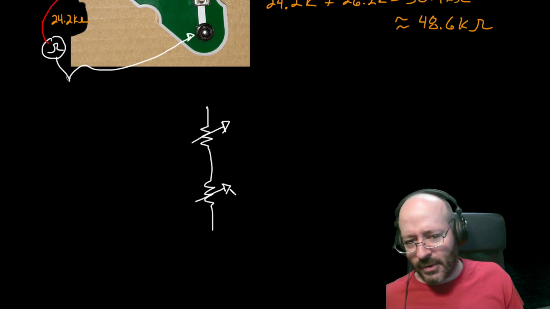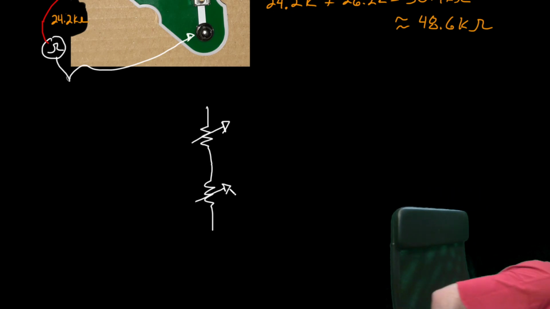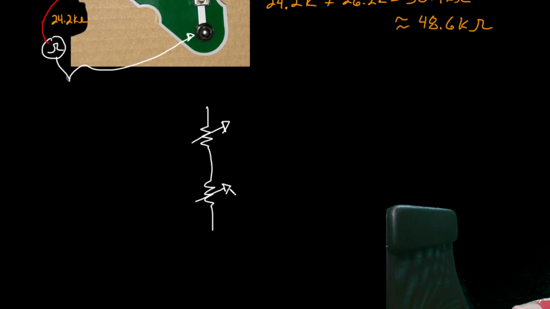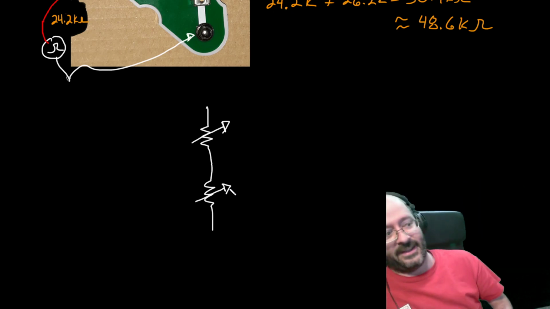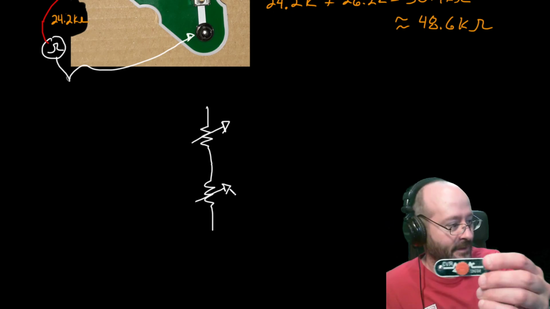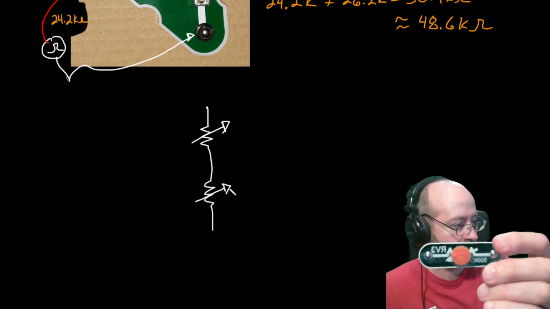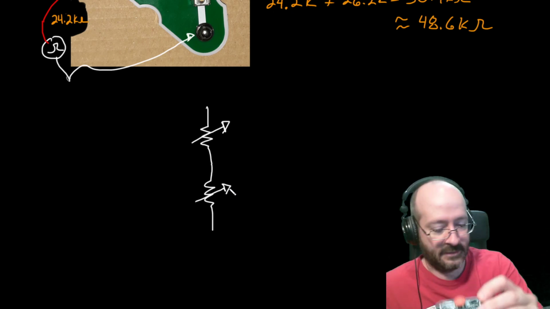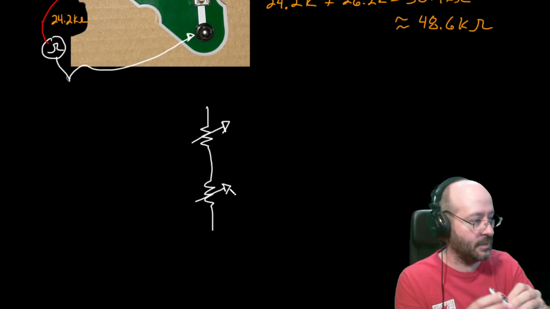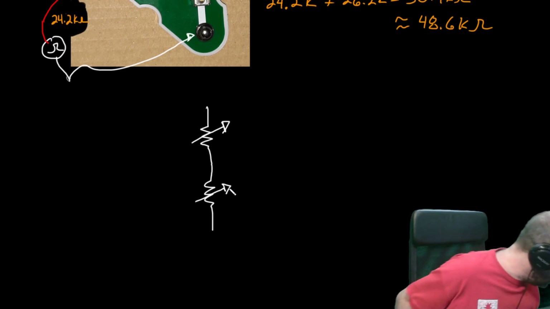I think there's another part in the kit too that has that. Yeah, there is a part. It looks like that, and it has the resistor with the arrow through it. It's just a variable resistance.